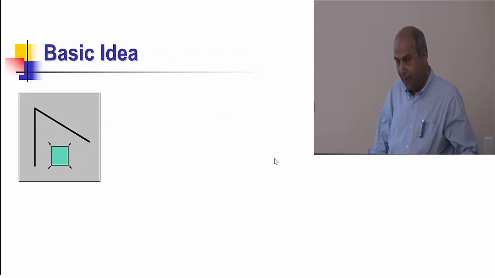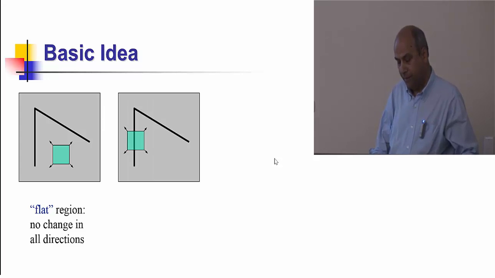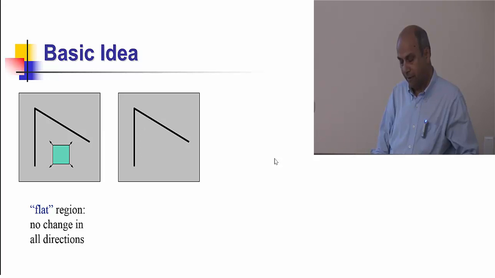So now if you take a patch or window around here and we keep moving, there is no change, okay? So this is a flat region. If you look at this one, now we are moving along the edge, and again, there's no significant change because it's an edge, okay? So that is also not good.